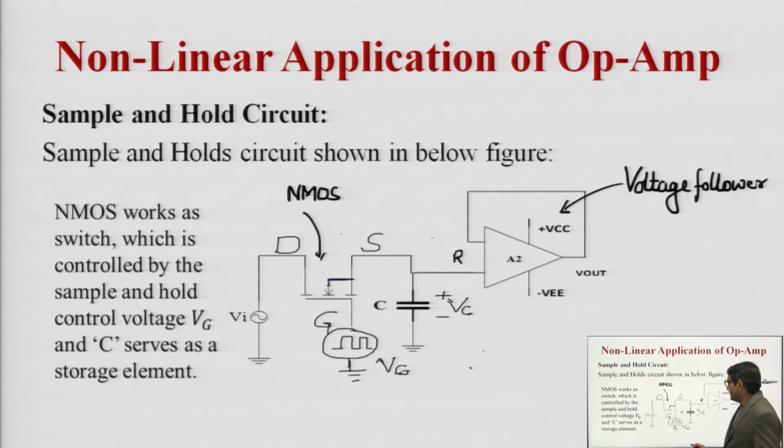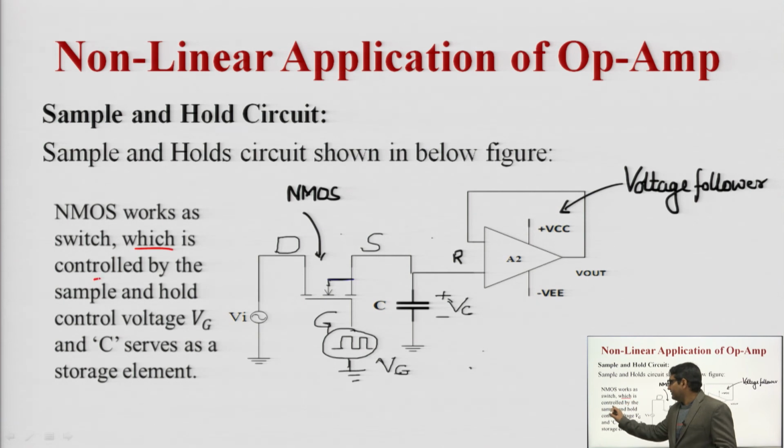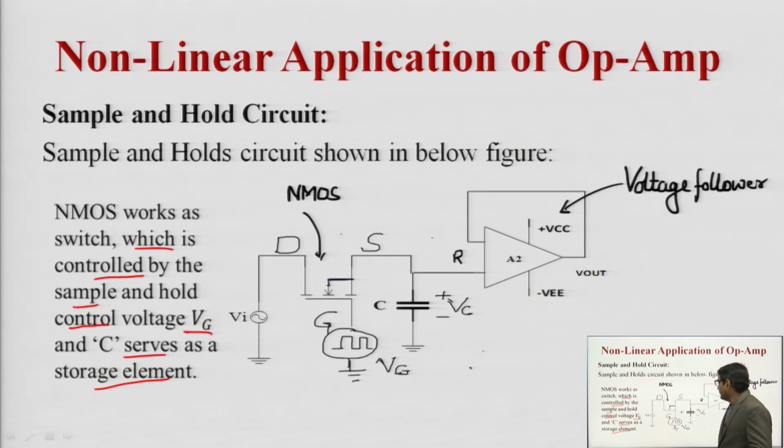It contains one NMOS, an n-type channel enhancement type MOSFET, one voltage follower, and one capacitor C. The NMOS works as a switch controlled by a sample and hold control voltage Vg, and C serves as an analog storage element.